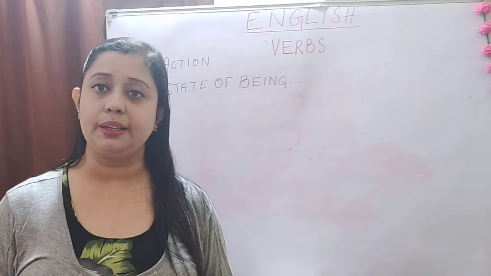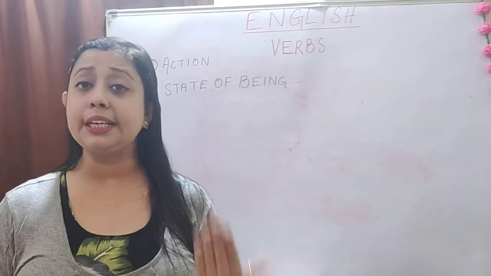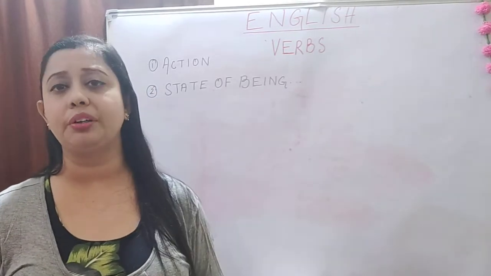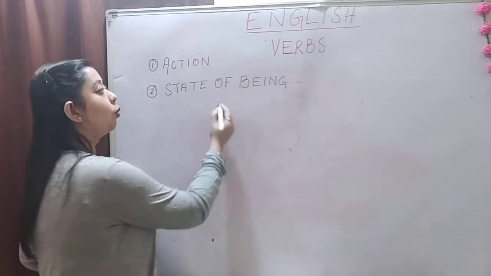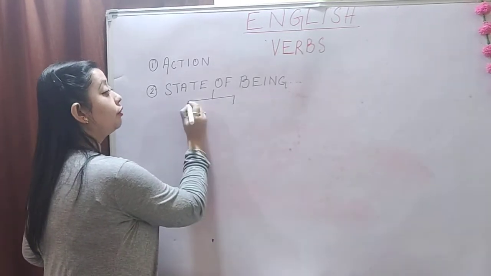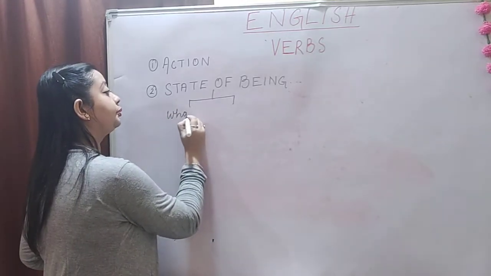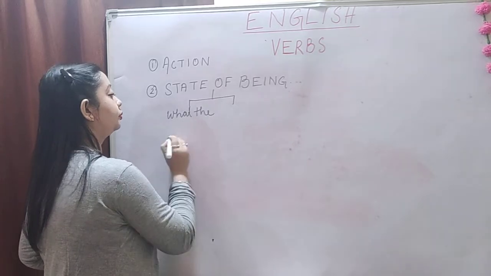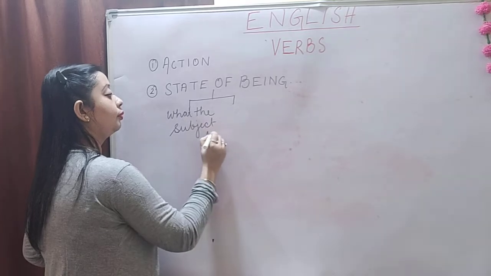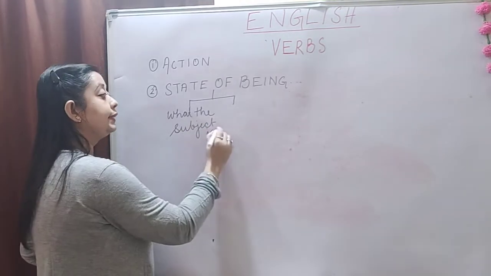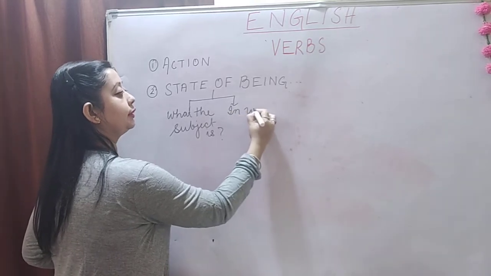Now, what is state of being? This also I explained last year, but if you have forgotten or if it's still not clear, let us quickly do a revision. State of being denotes two things. What are they? First of all, it tells us what the subject is, and secondly, it tells us in what condition the subject is.